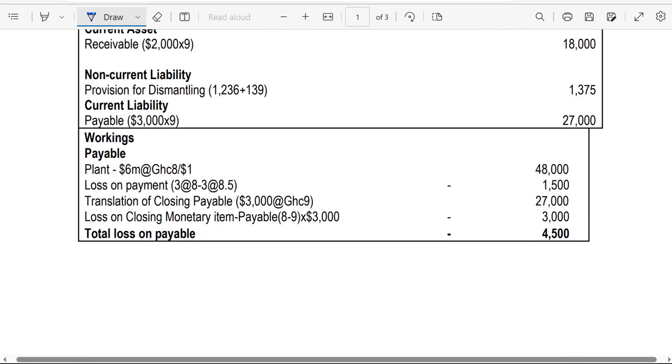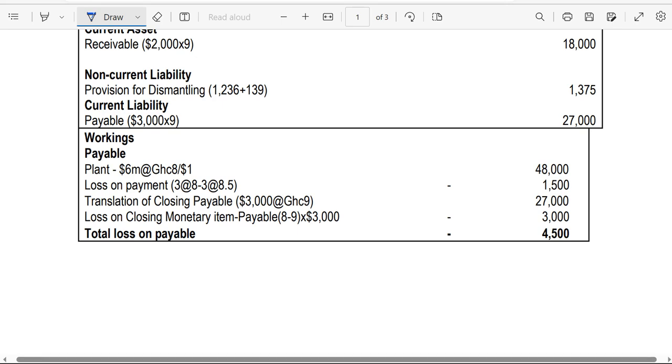So your plant is 48, your loss working on the payable, your loss on the payment is 1.5, because the plant came in at 8 cedis per dollar, but it was paid at 8.5. So there is an exchange difference there.